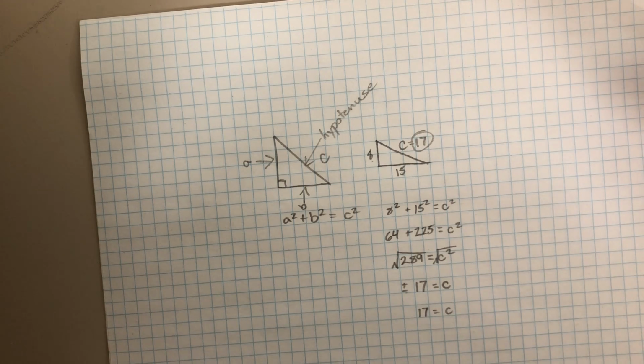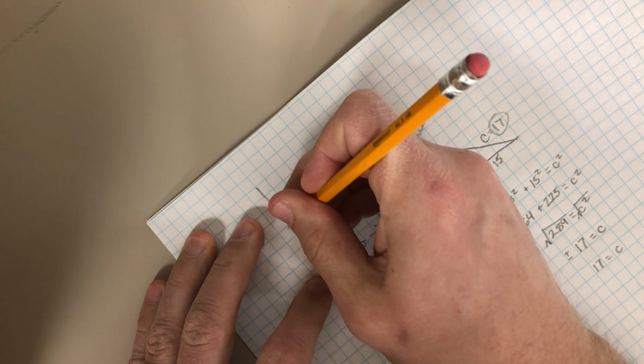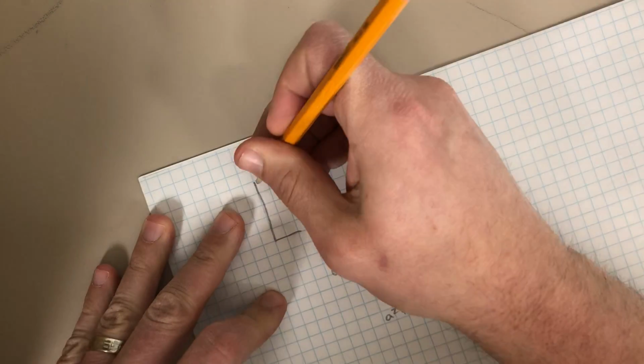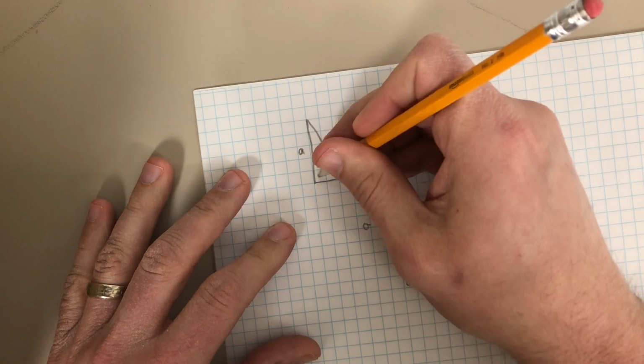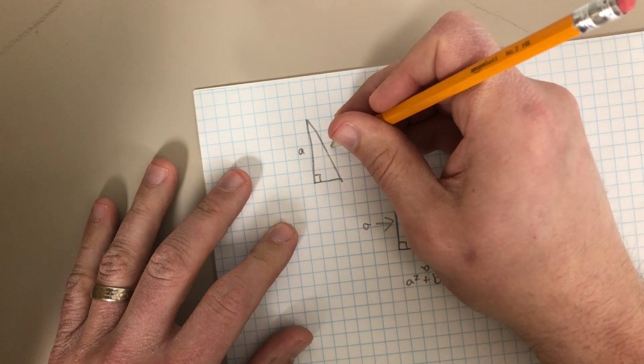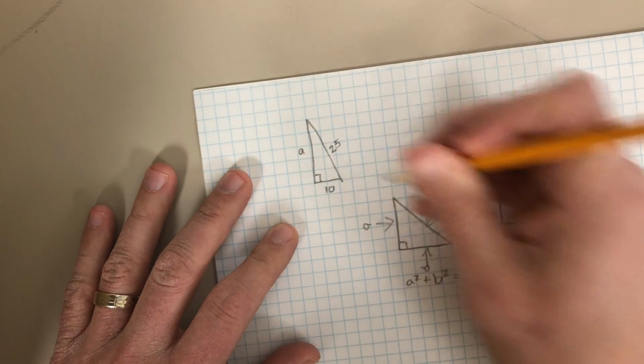Let's take a look at example 2. So I've turned to page 550. Find the length of the missing side. If necessary, round to the nearest hundredth. Okay, so we have a shape where we don't know a, but we know c and we know b.